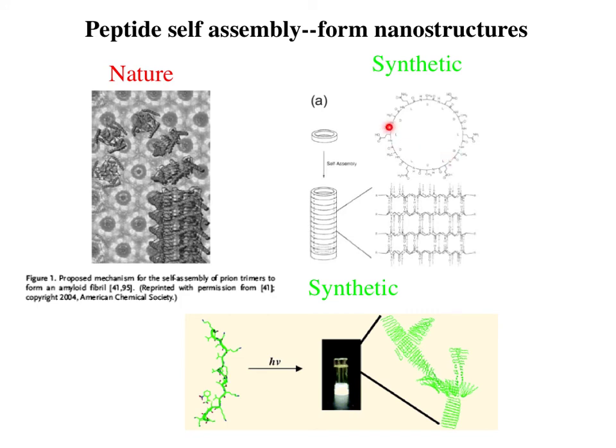So here are cyclic peptides that have been built by the Ghadiri group, which can self-assemble into these nanotubes, which can then be used as antimicrobial agents. Here's another peptide that in the presence of light can assemble into these beta sheets or beta hairpins, which then assemble into these hydrogels, and then these can be used as scaffolds for tissue engineering.